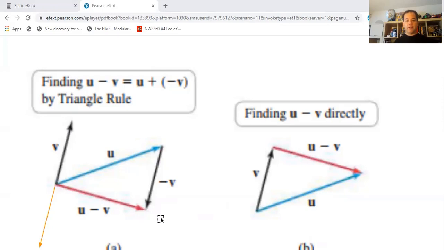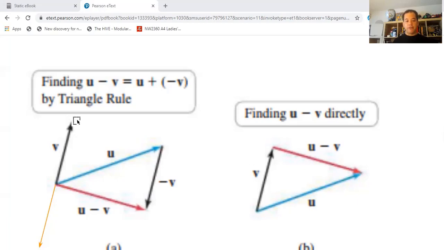u minus v. Now, here's a different way of looking at it, right? What you can do is take the other diagonal of the parallelogram, right? If you take the big diagonal, you get the sum. And if you take the small diagonal, because this is u minus v, the answer, as you can tell on the picture on the right, that u minus v is also parallel.